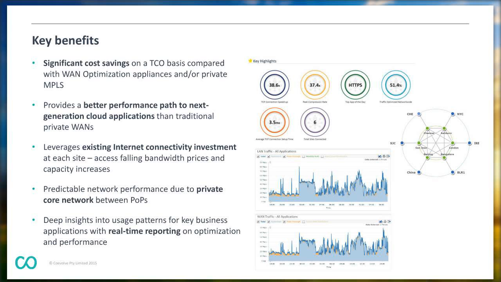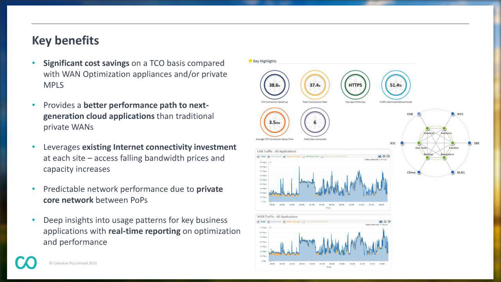We're leveraging the existing connectivity at the sites, so high bandwidth connections, low cost per meg from local and regional ISPs, and the ability to access those falling bandwidth prices is much greater with that type of provider than with a large global telco, for example. We have very, very predictable network performance, and we really see a difference here, even when we're using applications that are not particularly well suited to optimization.